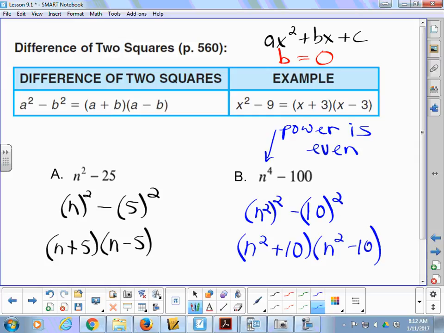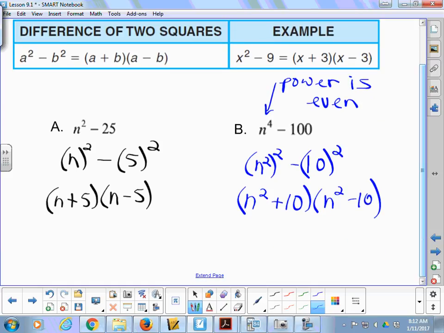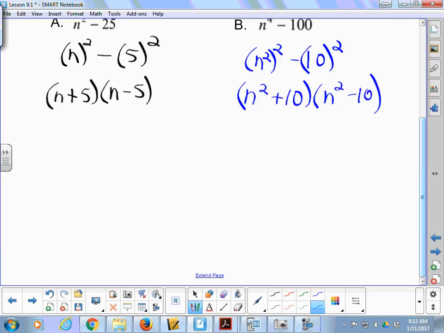Difference of two squares. Now the other ones on your packet from factoring, there will be some other ones in that packet, or on the ones you're going to do on pages 5 and 6, are called perfect square trinomials.